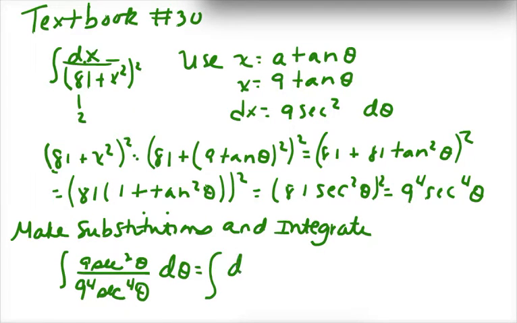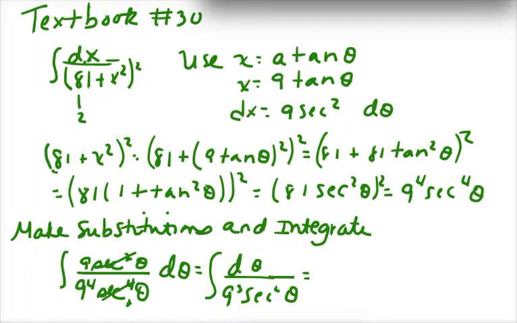Algebraically clean that up and you get d theta over 9 to the 3rd secant squared theta, right, cross that out and you're left with a square.